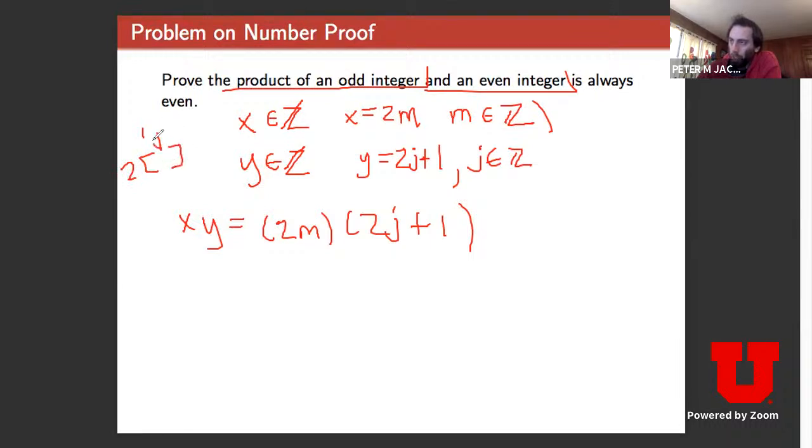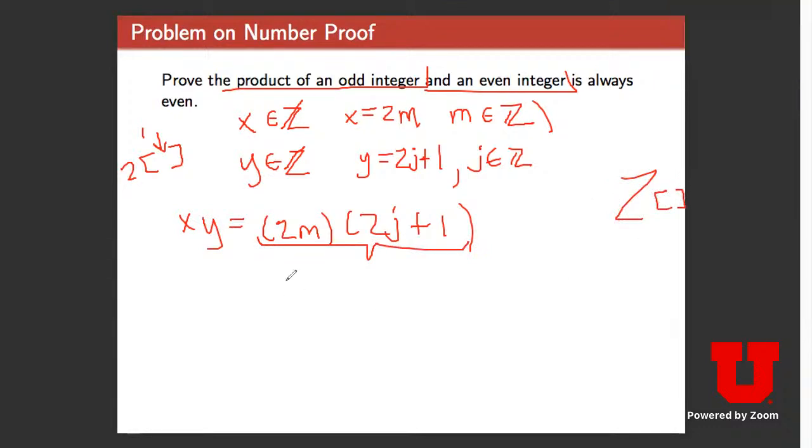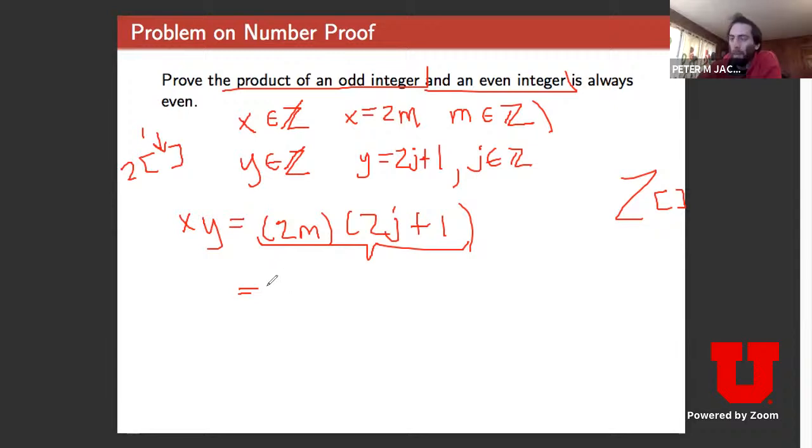So we somehow need to make this look like 2 times an integer. So we factor out the 2 and then say that mj plus m is an integer by closure, and then say that mj plus m is c, which is in Z, and it's 2c, and so that's even. Exactly, yeah.